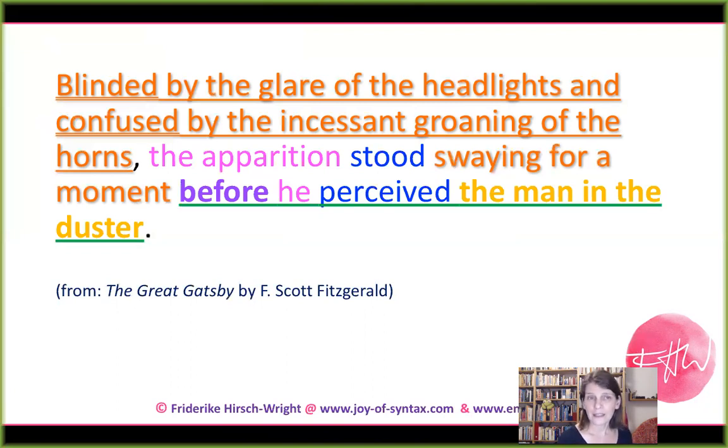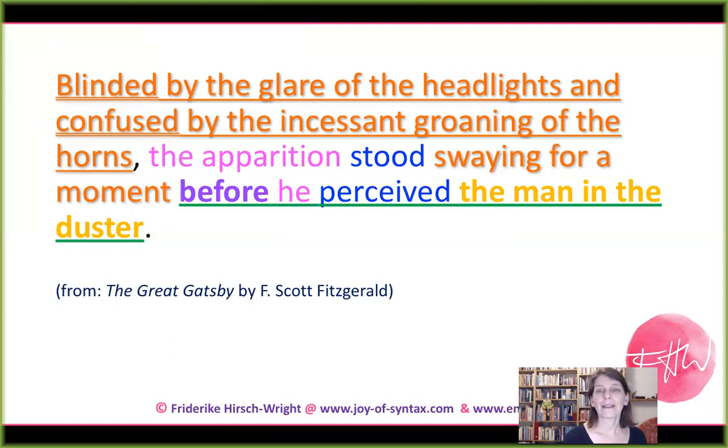Now, granted, this is a past participle construction, but those work the same. The apparition, the subject, was blinded by the glare of the headlights, and the apparition was confused by the incessant groaning of the horns. And the apparition was swaying for a moment while it stood.